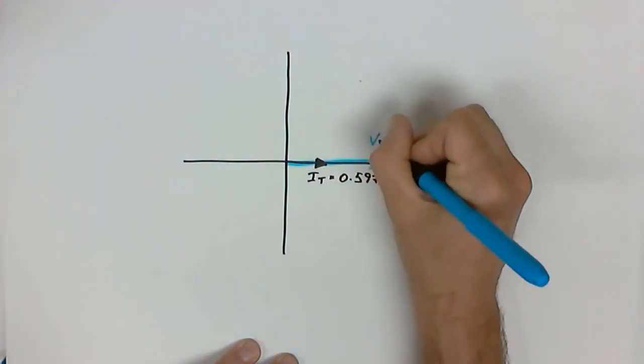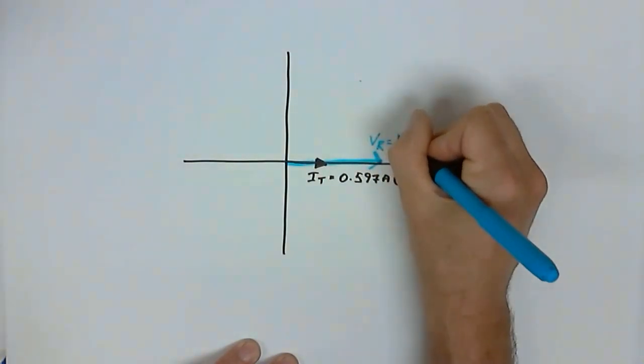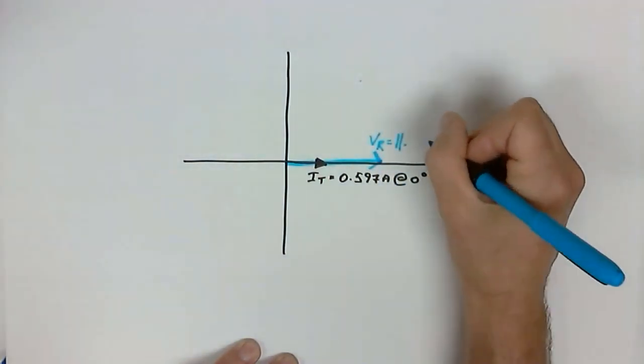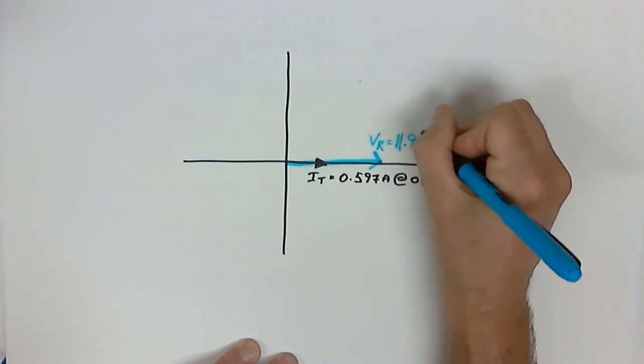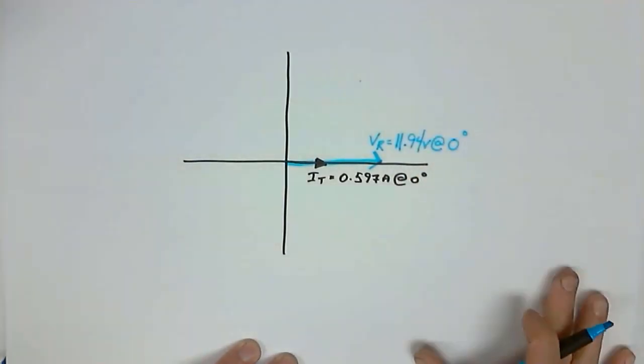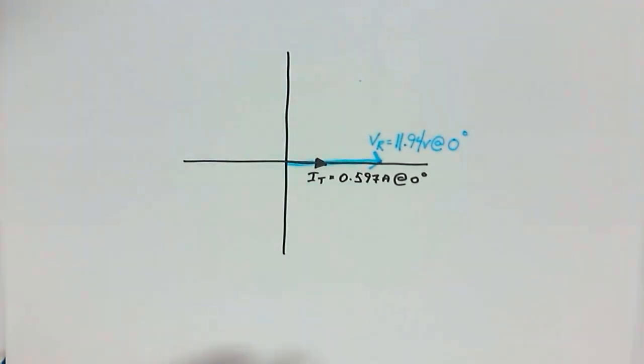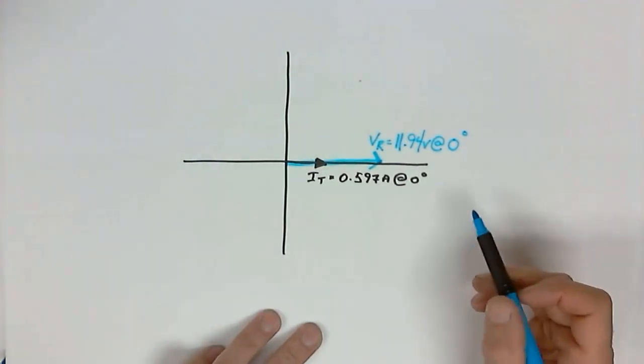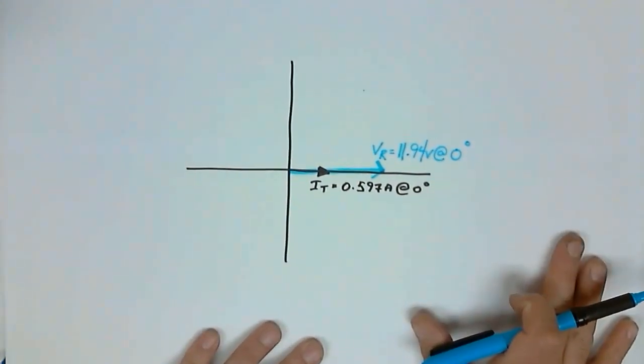So V of the resistor equals 11.94 volts at 0 degrees. What about the voltage of the inductor? Remember, the voltage of the inductor is much longer, and I'm not drawing this to scale, but you get an idea.